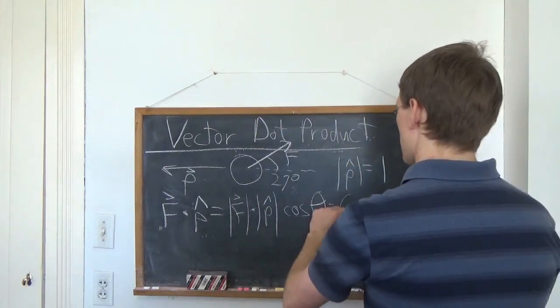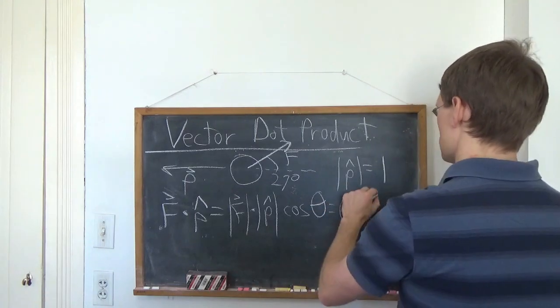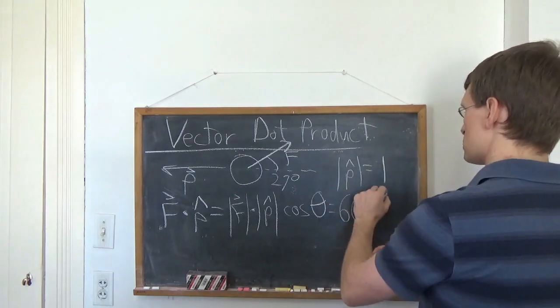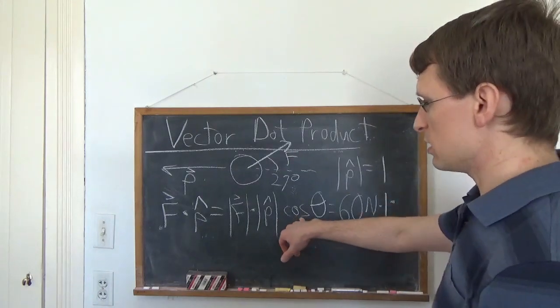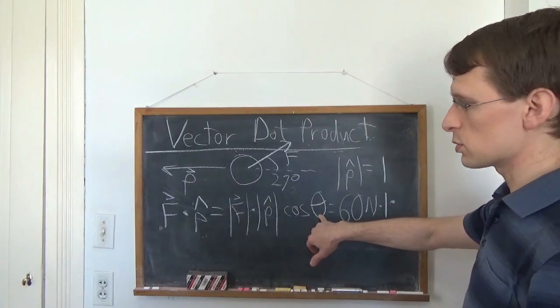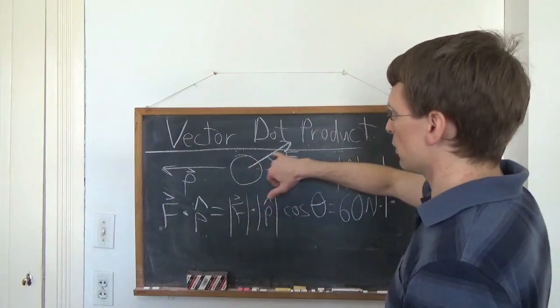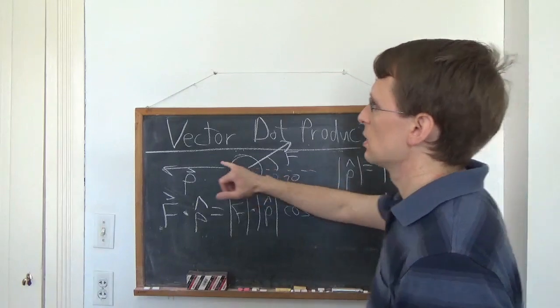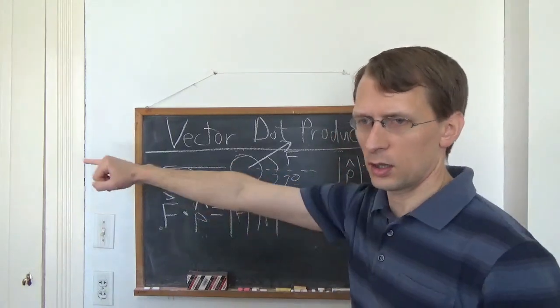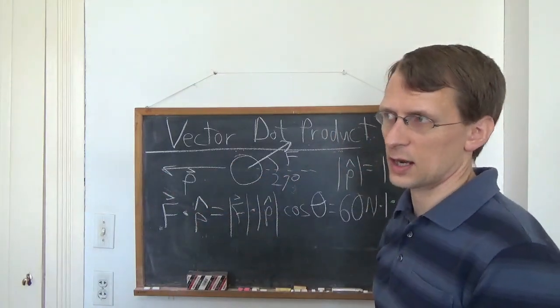Right? So that means we have 60 newtons times 1 times the cosine of the angle between. So we have an angle going up 27 degrees off the positive x-axis, and the momentum going straight in the negative x-axis.